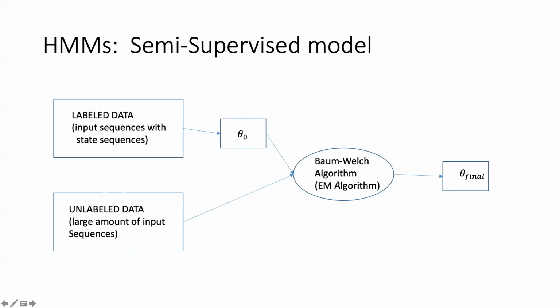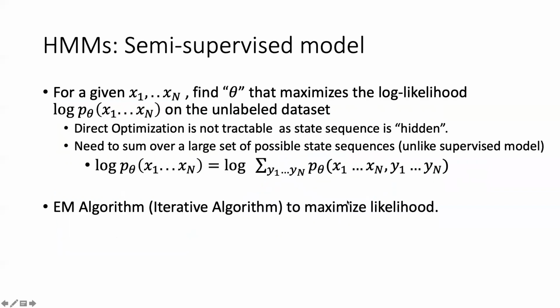This is an iterative approach. Direct optimization is not possible as the state sequence is hidden, which leads to a sum over all possible state sequences. So in order to address this problem, we use the EM approach to iteratively estimate the parameters which maximize the likelihood of the data.